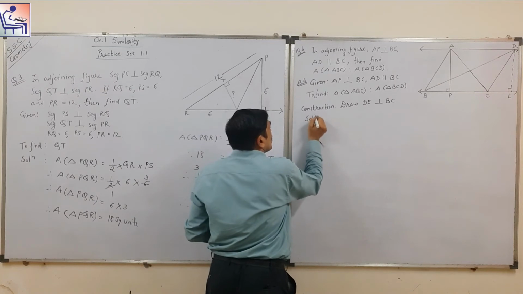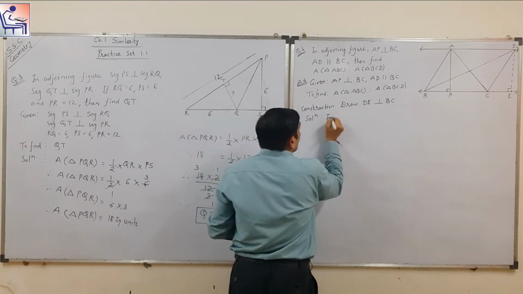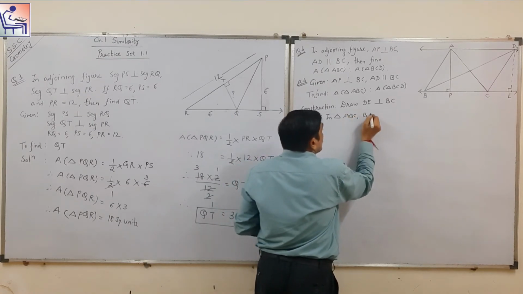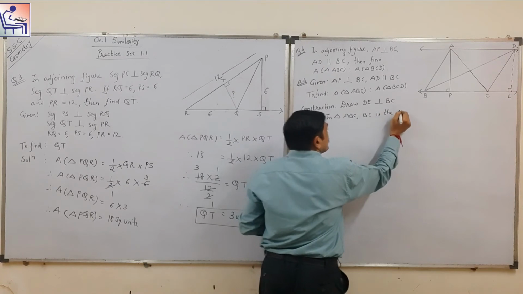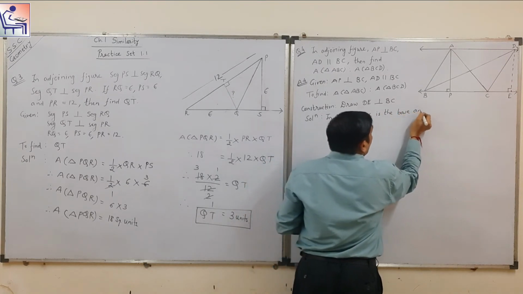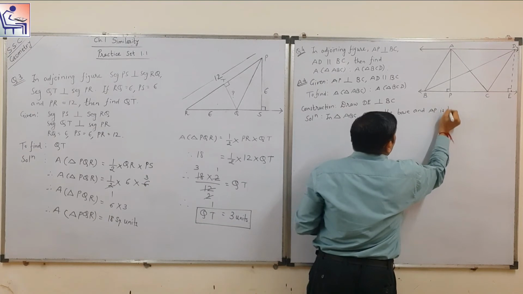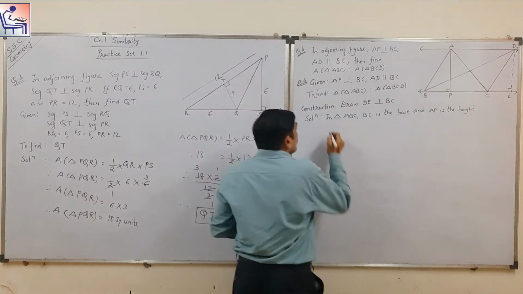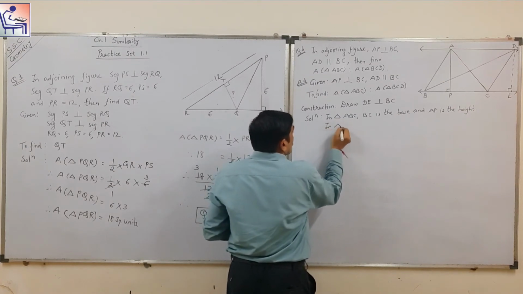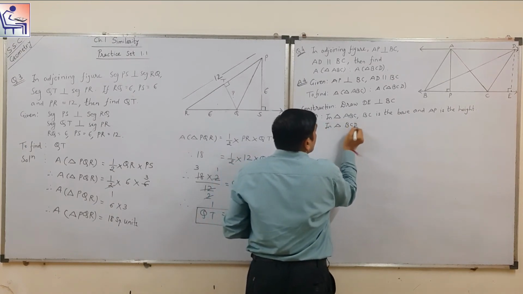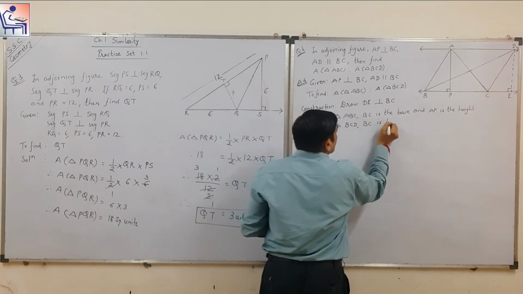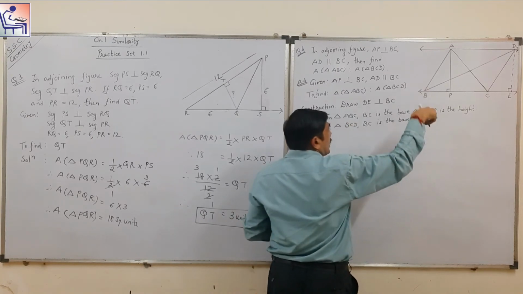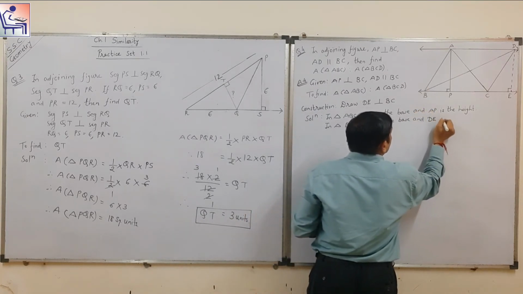And now the solution. In triangle ABC, BC is the base and AP is the height. Similarly, you can see that in triangle BCD, BC is the base and DE is the height.